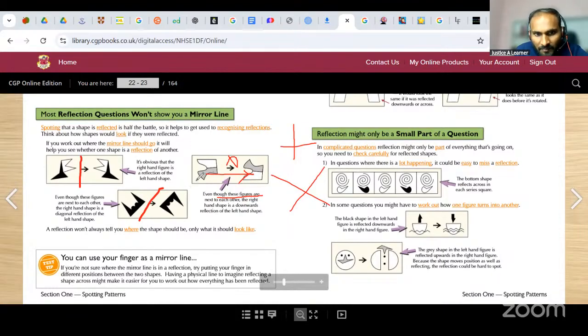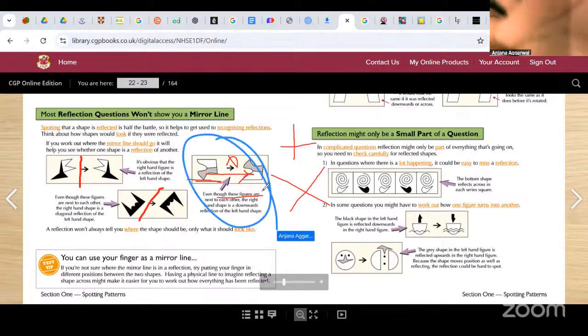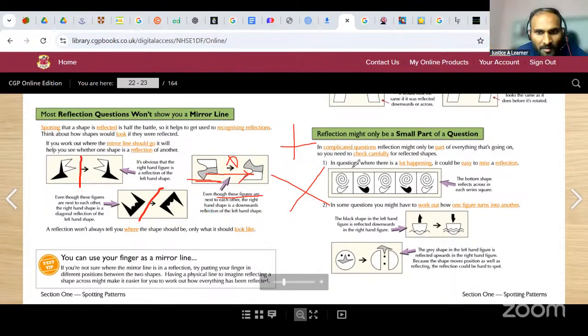Like I can put a mirror line here. Is this working in this way? No, because, can you scroll a bit up so I can see this and the top part?